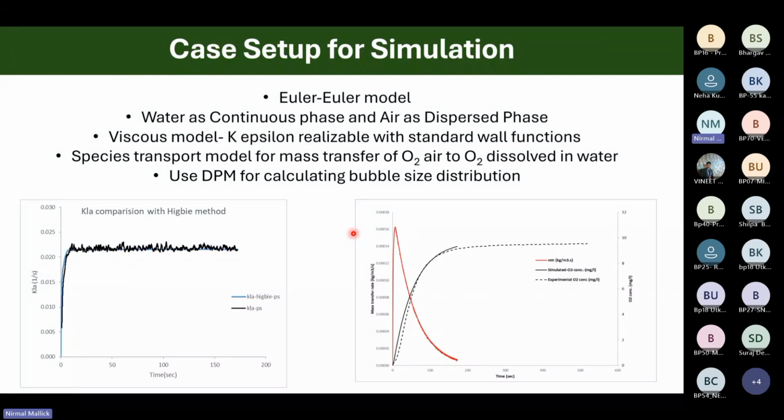Now this is how you can implement your reactor in ANSYS to calculate the KLA, and to see how the oxygen concentration is increasing with your mass transfer rate and KLA variation. You can do multiple simulations to achieve these kinds of results and see whether your KLA matches your O2 concentration level experimentally. When you have an error less than 10%, you can say your model is valid.